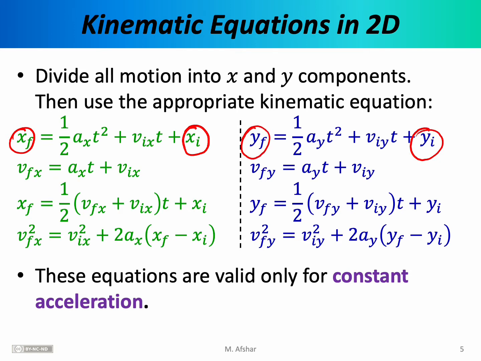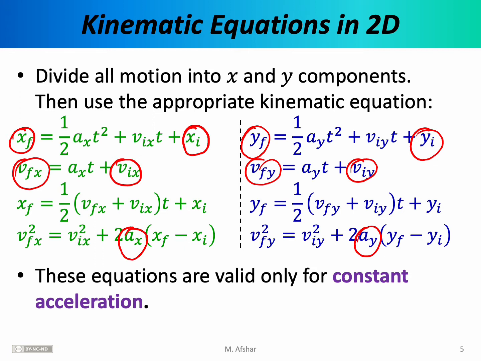On the left, we have the initial velocity in the x direction and the final velocity in the x direction. On the right, again, we have the initial velocity, but in the y direction, and the final velocity in the y direction. On the left, we have acceleration in the x direction, whereas on the right, we have acceleration in the y direction.